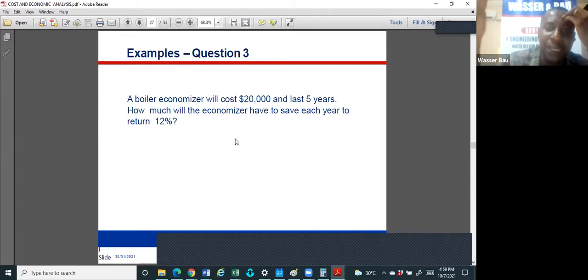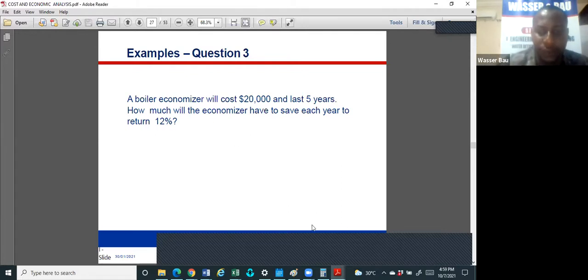If you don't insulate it, it will be losing a lot of heat, but an economizer will help you to save that heat. It will cost $20,000 and last for 5 years. So the question says, how much will you have to save in energy cost in order to return 12% interest?